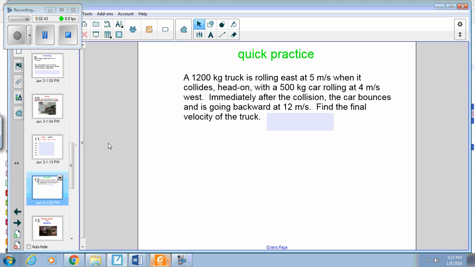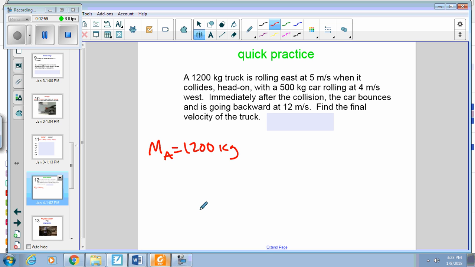Let's try that out. So let's say we have this truck right here, 1,200 kilograms, not 12,000. We'll call that mass A. Velocity of A initial is 5 meters per second.